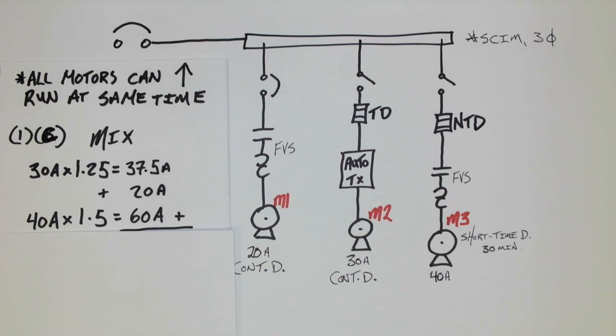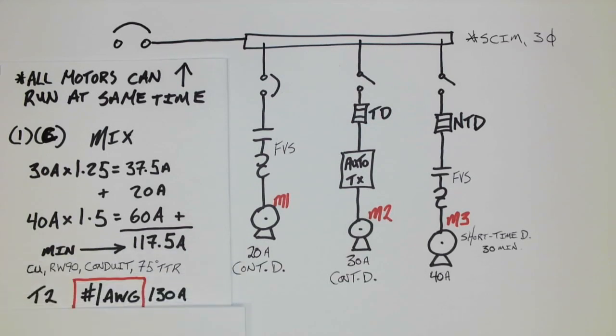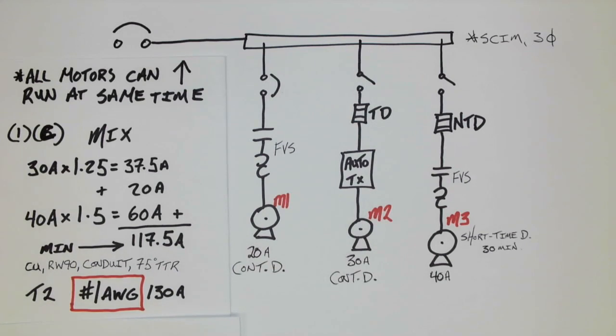So our 40 amps times 1.5 is motor 3, and that's a short time duty 30-minute rating. I add them all together, and I get 117.5 amps. That is the minimum value required, which means when I go to table 2, because I'm using copper, RW90, and conduit, I get a number 1 AWG, good for 130 amps.